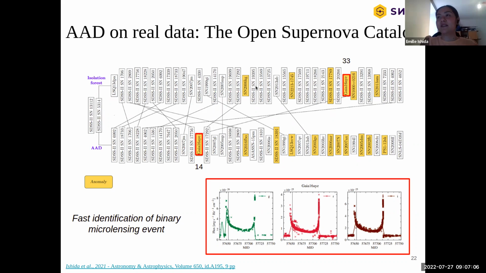If you only use a static isolation forest, this object appears at number 33. If you use active anomaly detection, this object appears at number 14. If you account that in the real scenario, each one of these boxes is time that you are spending to go to a telescope and ask for spectra and do all of the classification, going from 33 to 14 is a huge improvement in your allocation of resources.